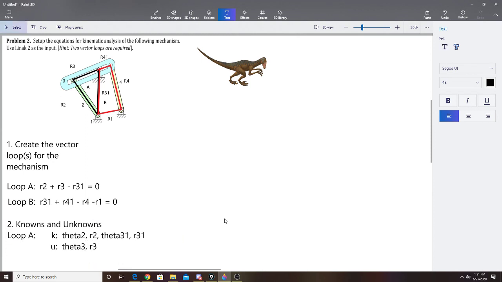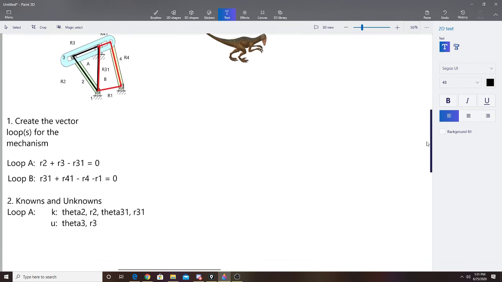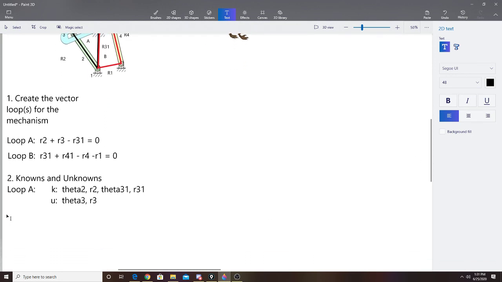All right. We can agree with that. There's our unknowns for that one. Now we have to do the next one, which is loop B. Knowns.